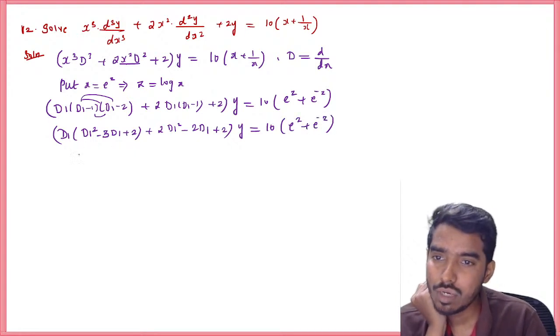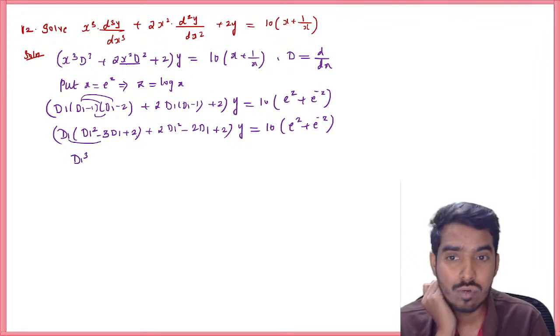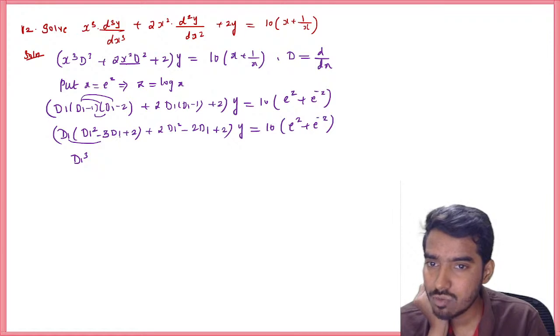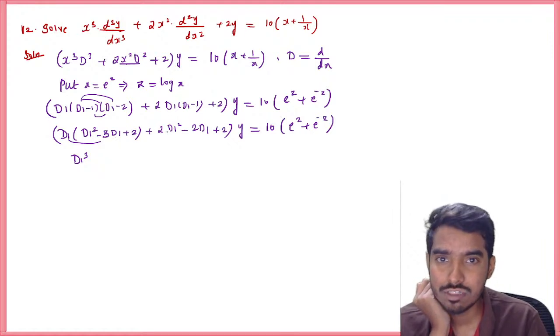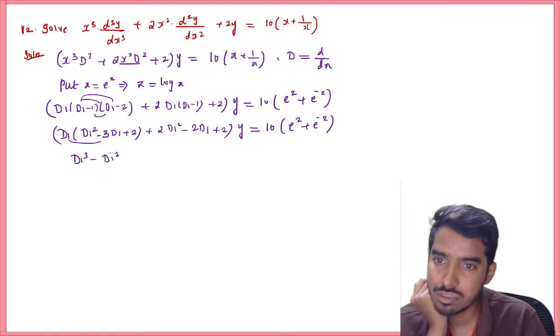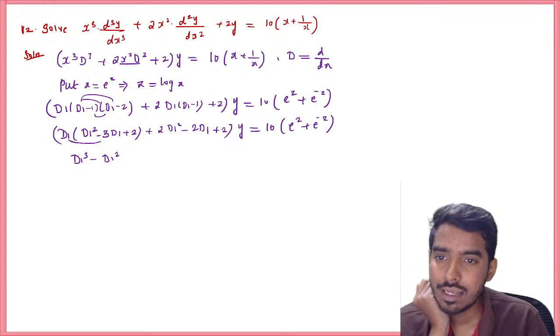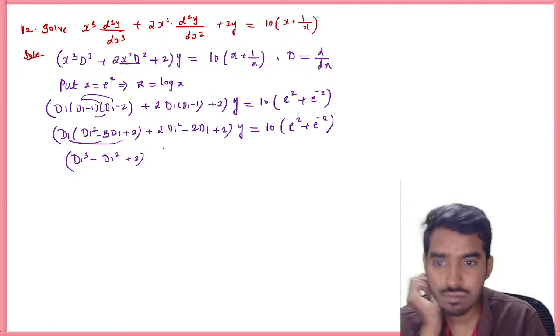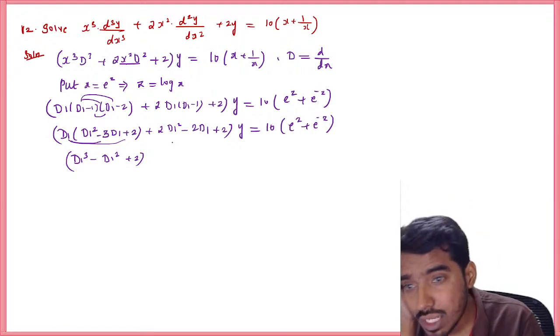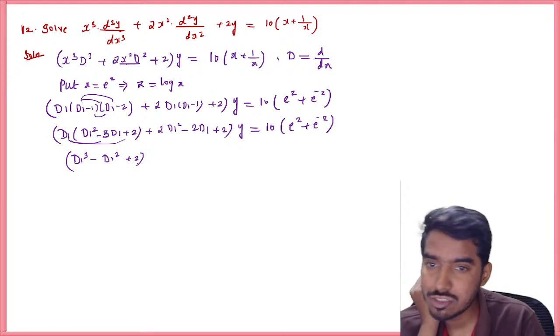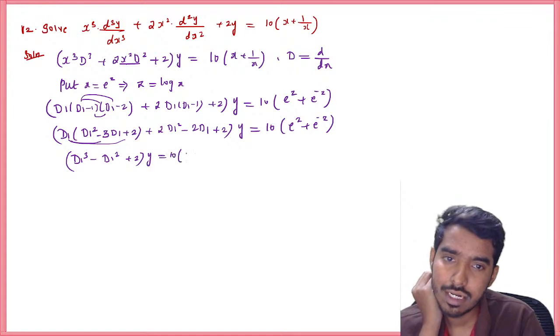So this will be D1 cube, here we will have minus 3D1 square plus 2D1 square, it will be minus D1 square, right? And here you will have 2D1 minus 2D1 will get cancelled, so we will have plus 2. Is it clear? So we have D1 cube minus D1 square plus 2 of y is equal to 10 times e power z plus e power minus z, right?